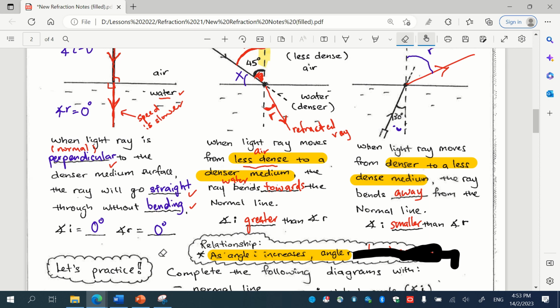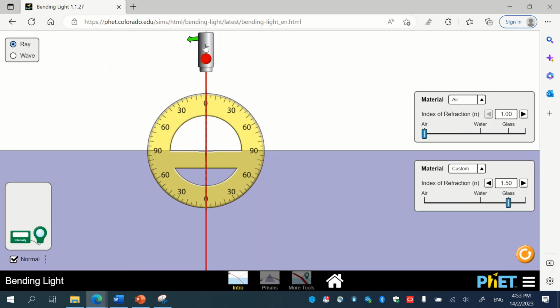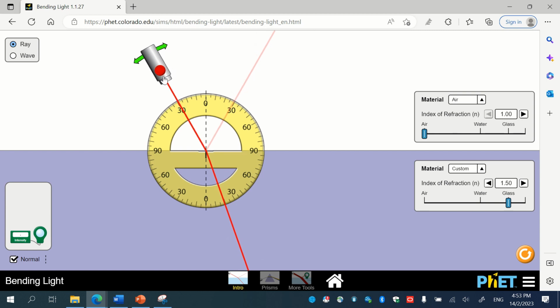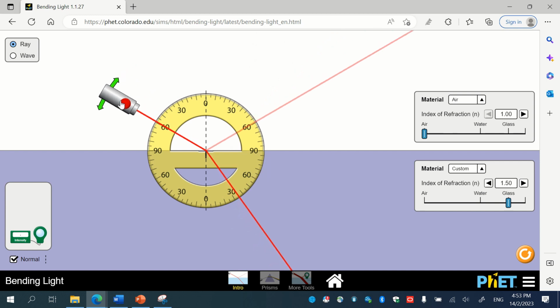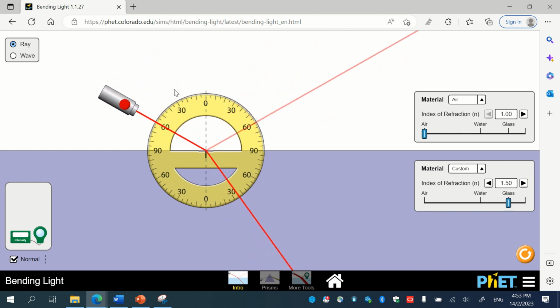Now, just now I've demonstrated with the applet again. I wanted to show you that as my angle I increases to 30, angle R is about 20. As my incident angle increases from 30 to 60, notice my angle R also increases to 30 something.